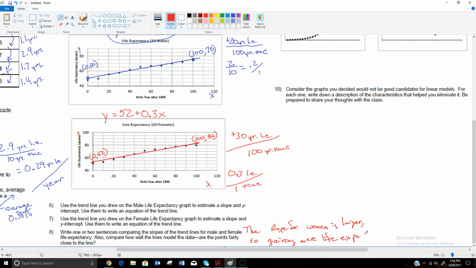And again, why do women, if you notice here, we've got 82 for, they started out not that far off, 50 and 52. But the women have gone to 82 while the men have only gone to 70 over that time period.